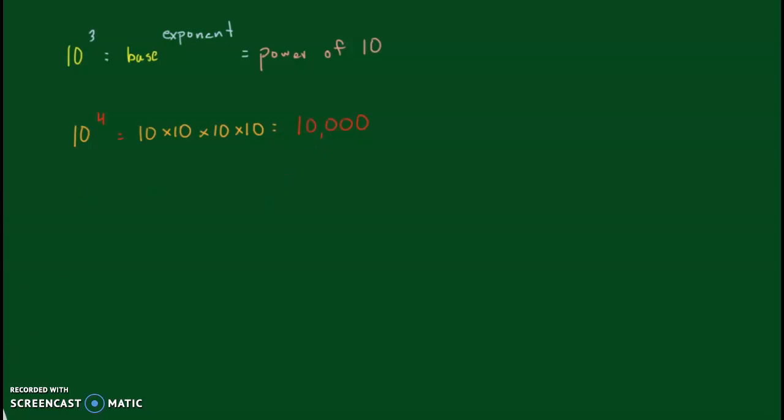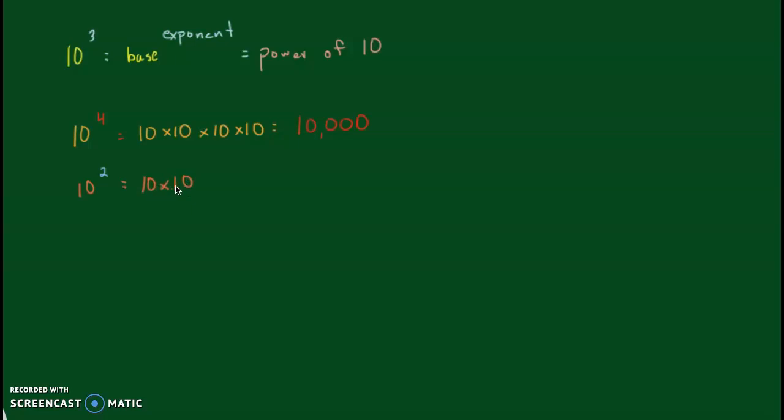Okay, here's the next one. Now for this one, I'd like for you to pause the video if you'd like, and then try it on your own. So 10 to the second power, what would this look like? You can go ahead and pause it and turn it on when you're ready. So 10 to the second power is going to be 10 times 10.